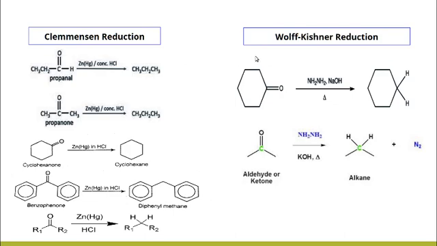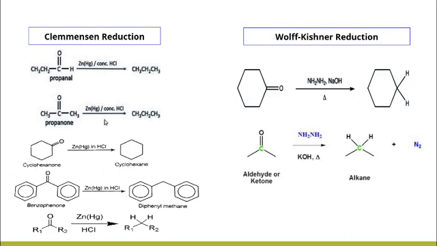What is the difference between Clemmensen reduction and Wolff-Kishner reduction? In Clemmensen reduction, we are using an acidic medium, and the reagent is zinc amalgam and concentrated HCl. Whereas in the case of Wolff-Kishner reduction, we are using hydrazine and NaOH, a basic medium, but the product formed from the same reactant is the same in both cases.